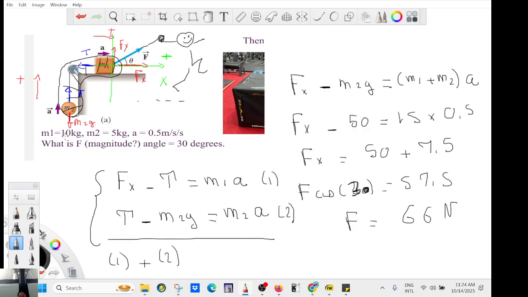If it's going that way, then you have to do m2 g minus T. So that's why it's important to have the positive direction in the same direction as the acceleration, because it will make things easier. Are we good? Okay.